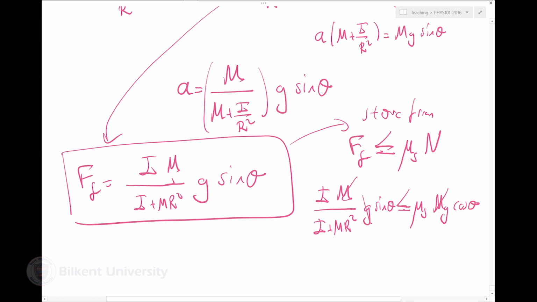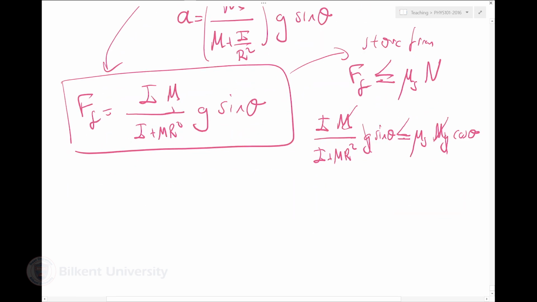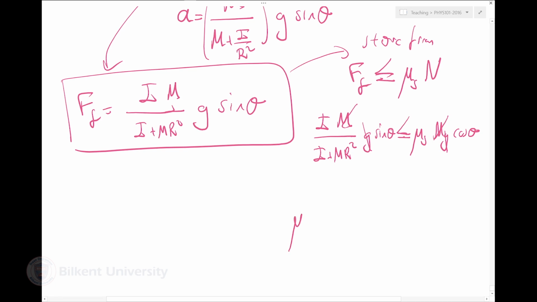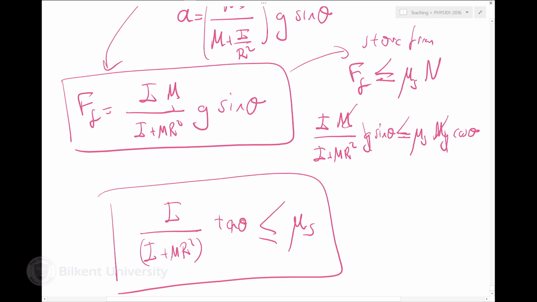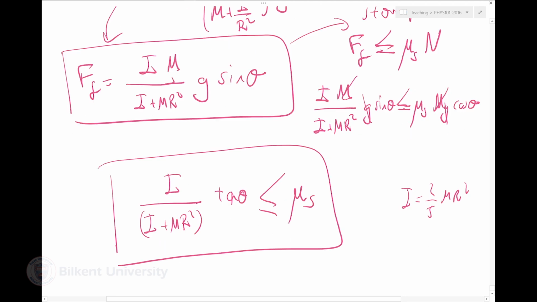The m's cancel, the g's cancel. So apparently, for rolling without slipping to happen, mu s must be larger than not only tangent theta, but times this factor of I divided by I plus m R squared. Okay. Now you can plug in I as 2 over 5 m R squared if you want.